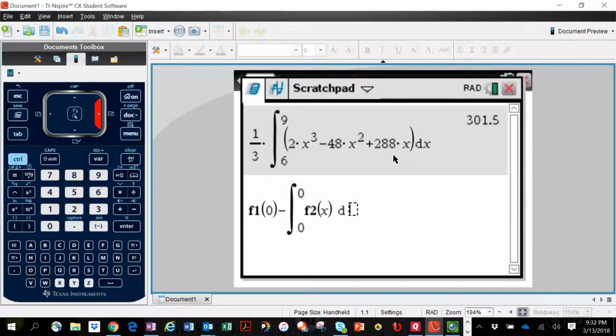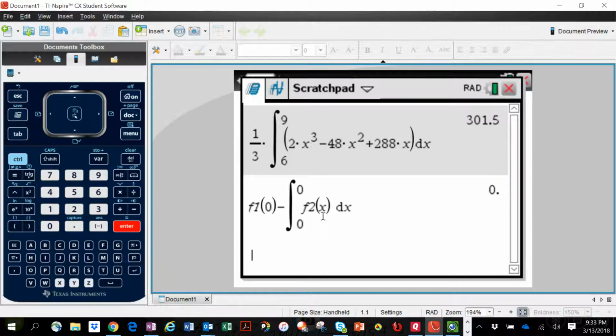This is f2 of x integrating with respect to x. Now, you're probably not going to be surprised by the answer. The answer is 0. Well, why 0? This represents the number of people who were in the store at time t equals 0. And you could definitely argue that this set of calculations wasn't necessary. But look what's going to happen now.